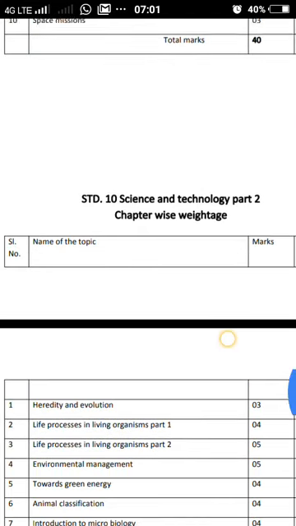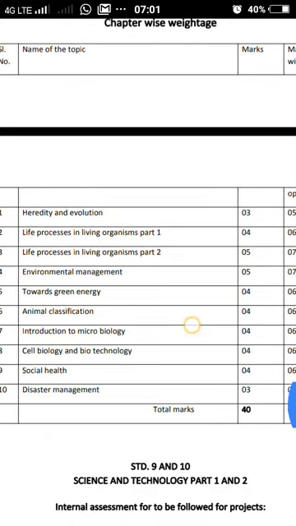Now for science 2, the first lesson heredity and evolution 3 marks and with option 5 marks. Life processes in living organisms part 1 4 marks, with option 6 marks. Part 2 5 marks, 7 marks with option. Environmental management 5 marks and 7 marks with option. Towards green energy 4 marks, 6 marks with option.